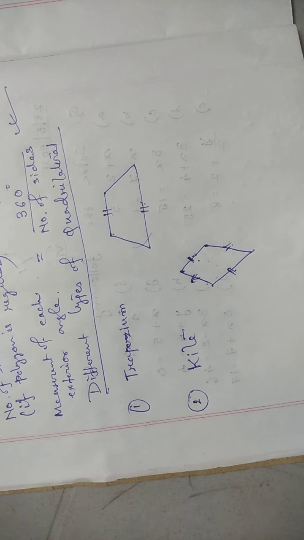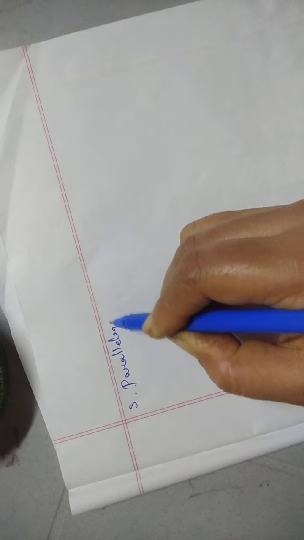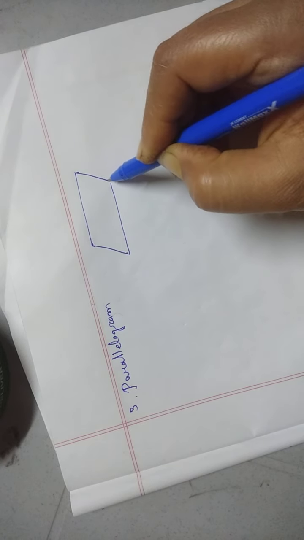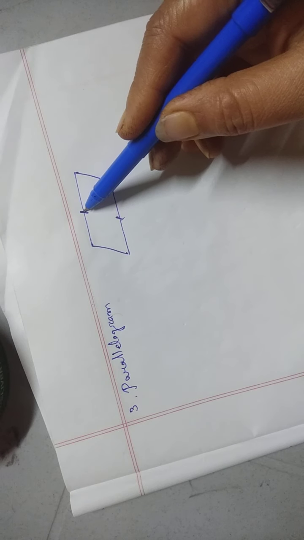Okay. Next is parallelogram. So what is a parallelogram? A parallelogram has opposite two sides equal and parallel. This side is equal to this side. These two sides are opposite and they are equal.